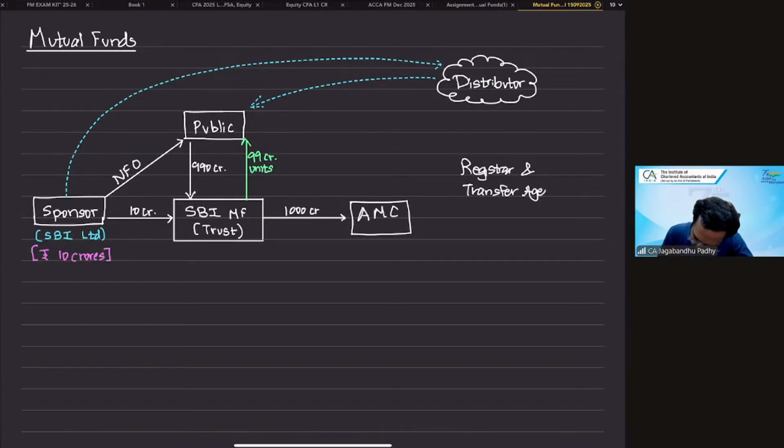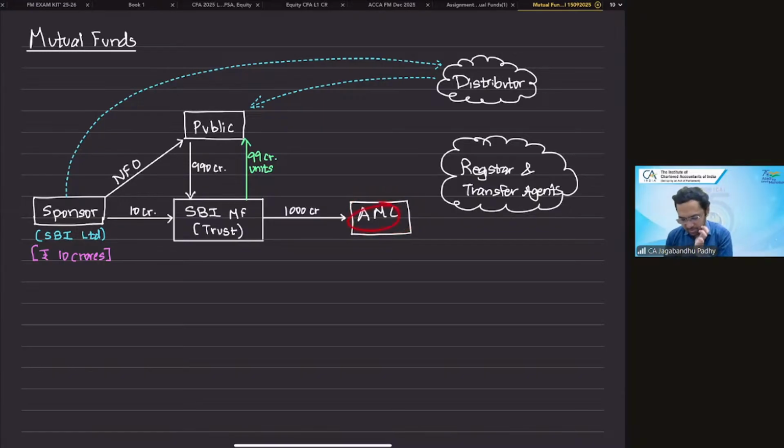These are the entities who are going to be responsible for transfer of the securities, like whatever activity the AMC is doing, buying and selling of shares, collecting of money from the market, payment of terms. So everything is going to be looked after by this transfer agent. As an example, we can have CAMS. It's a listed entity which is into the business of being a registrar and transfer agent.